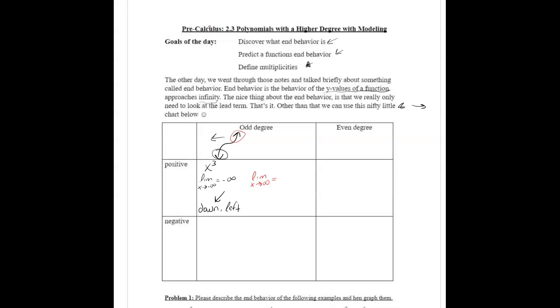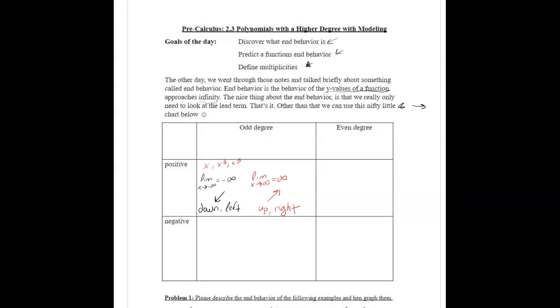Well, this piece is going up and up forever. So that would be infinity, which is just going to be up and right. So that's one that we should know. And guess what? All of our odd functions work like that, no matter if it's x cubed or x to the fifth. All of them have this down, up.